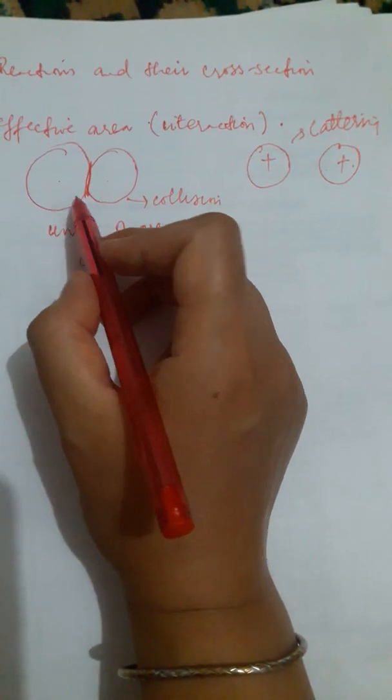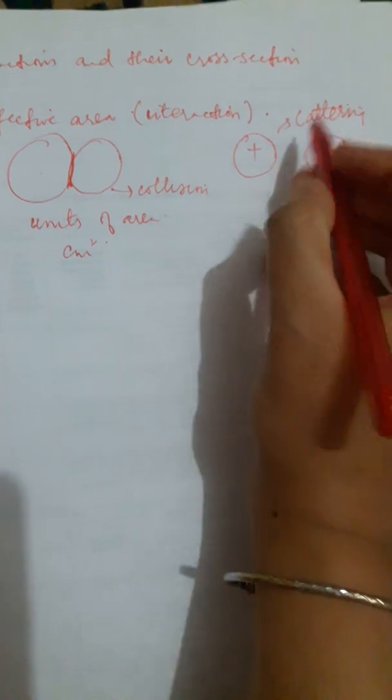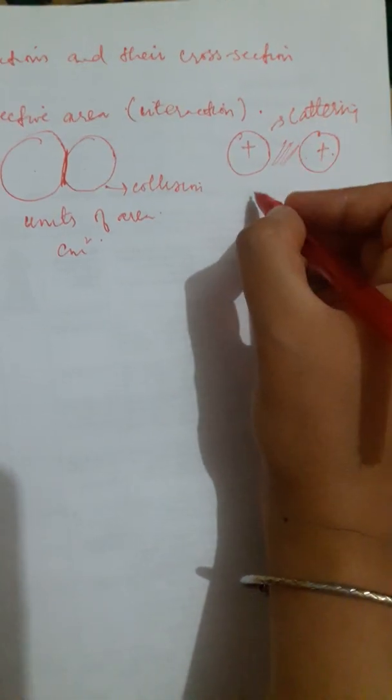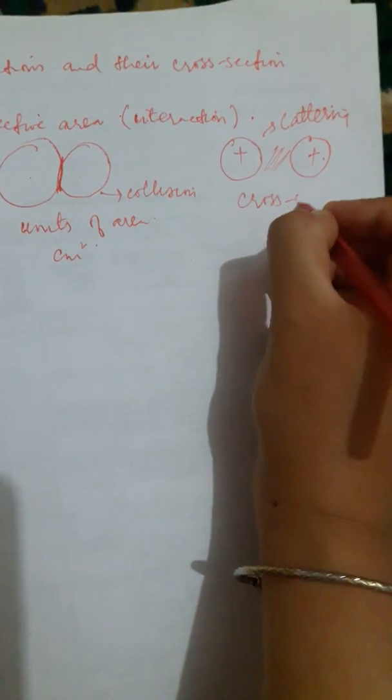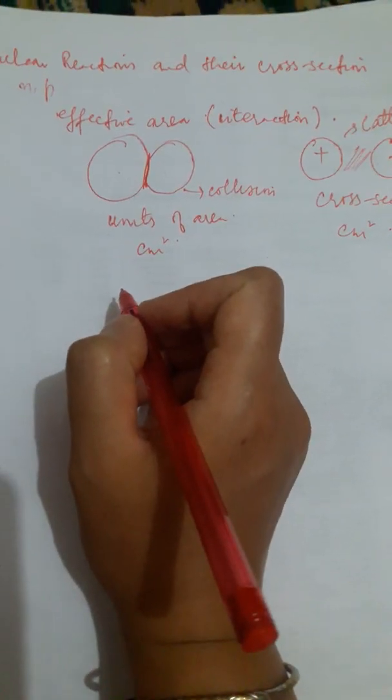Scattering is an interaction, collision is an interaction. Here the bodies physically collide, here they don't. They interact through their electric fields, the force of repulsion, right? But even then there is an effective area within which they have interacted, and that area is the cross section. Again, that cross section is measured in centimeter square, right?